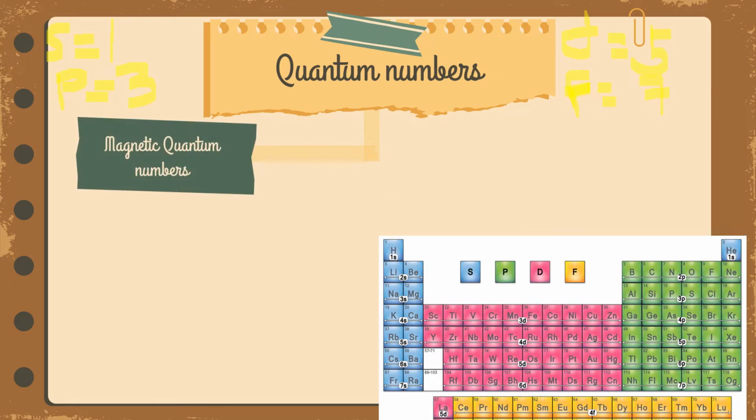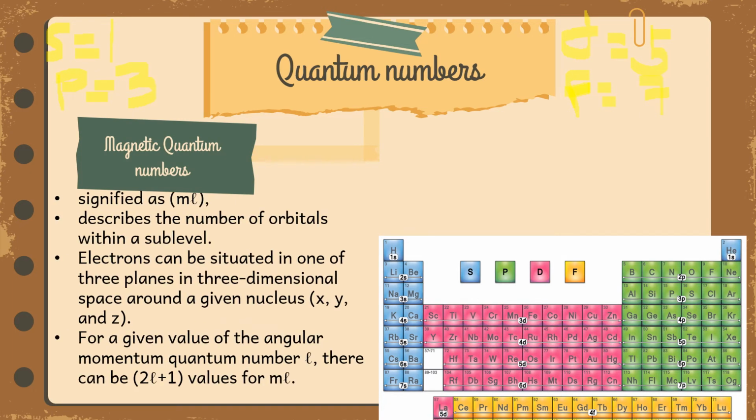Next quantum number is the magnetic quantum number, represented by the letters ml. It describes the number of orbitals within a sublevel. In our previous discussion, we recall that S sublevel has one orbital, P sublevel has 3 orbitals, D sublevel has 5 orbitals, and F has 7 orbitals.